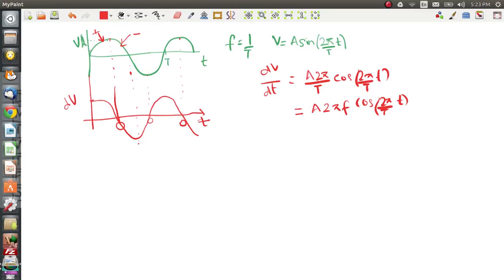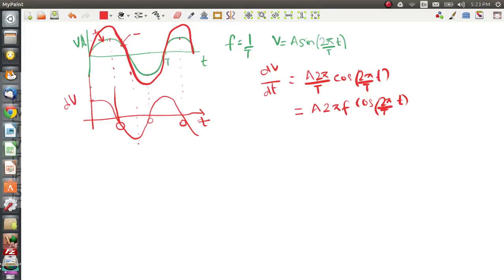If I had a signal with a larger amplitude sine wave, then the amplitude of my derivative needs to be higher.